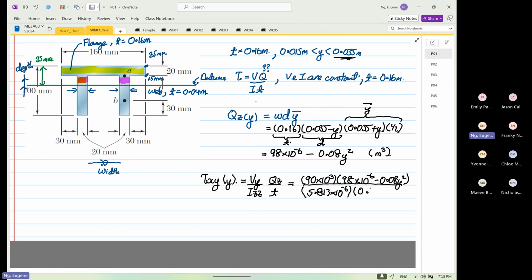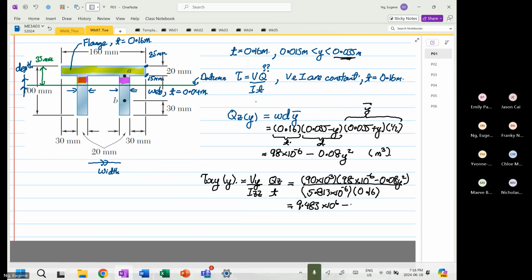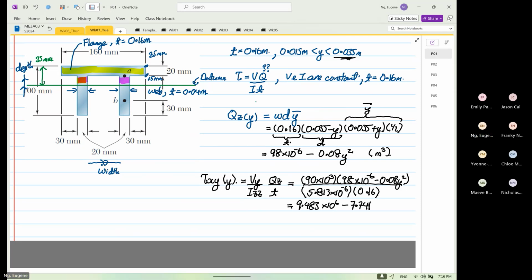And then the thickness is equal to 0.16. So this will be equal to 9.483 times 10 to the power 6, and then minus 0.08 times 7.741 times 10 to the power 9 y squared.